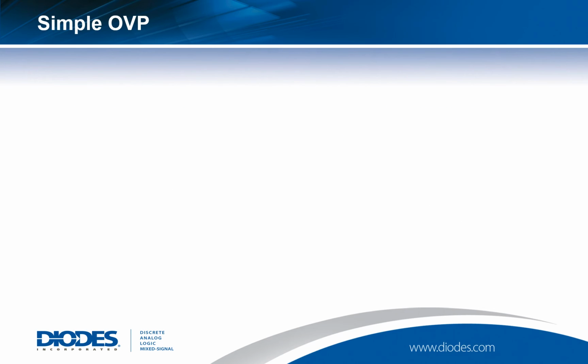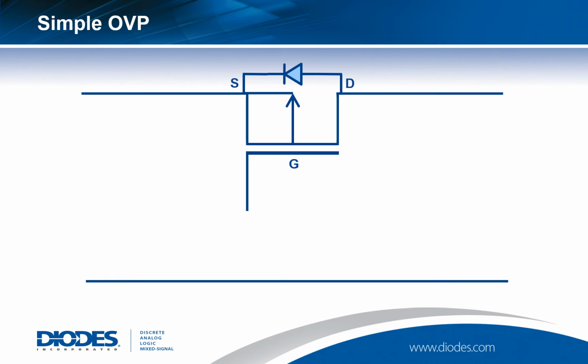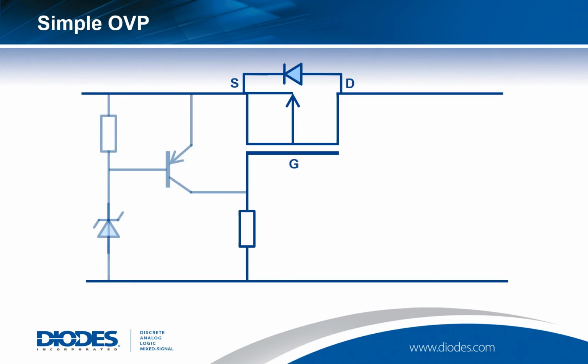Let's have a look at a simple over voltage protection scheme. Again, we'll use a high side MOSFET and a P channel. We'll tie that gate down to ground again to switch the device on, and now we need some kind of simple circuit that will monitor the input and switch this device off when the input voltage goes above a given threshold.